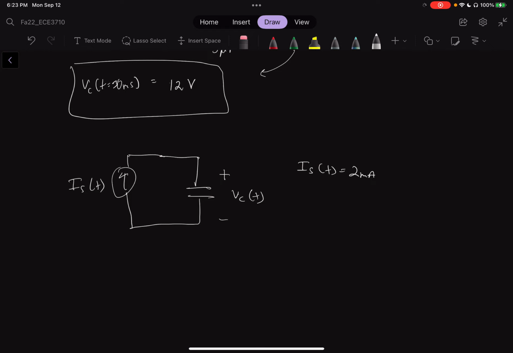That's what we got. Now, third question. What is the power of the capacitor at time equal to 30 milliseconds? Okay.